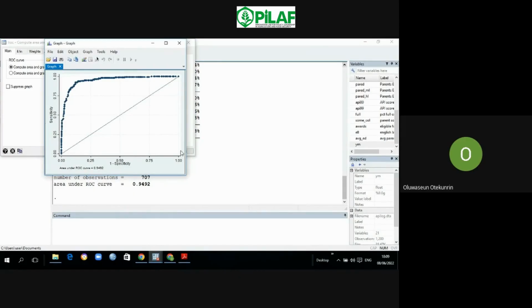So you can see the graph, sensitivity versus 1 minus specificity, and beneath the graph you see area under ROC curve is 0.9492. Based on this, we conclude that our model has a very good predictive power, because the area is 0.9492, very high.